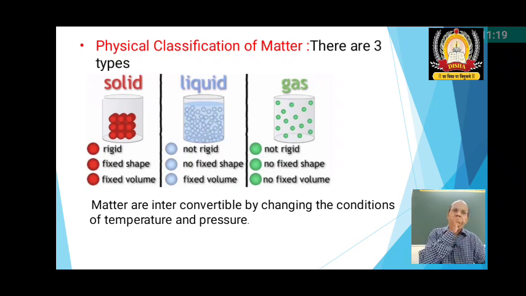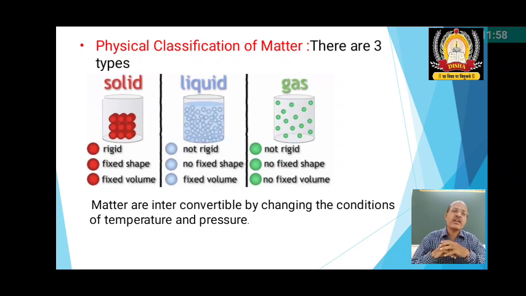That means as such there is no demarcation between the three states, solid, liquid and gases. So, solid can be converted into liquid, liquid into gas, gas into liquid, and liquid into solid only by changing the conditions of temperature and pressure. So, that means here they are interconvertible. This is about the physical classification of matter.